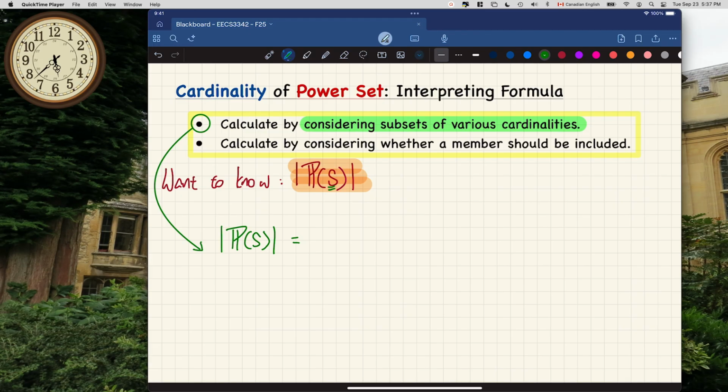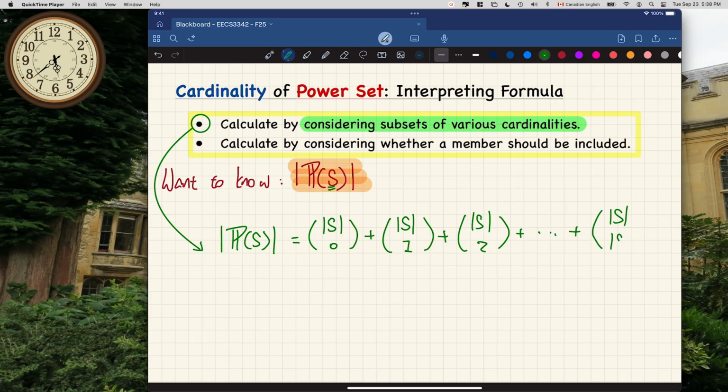The cardinality should go from 0 all the way to the set itself. So it's the cardinality of S choosing 0, which corresponds to the empty set, plus the cardinality of S choosing 1, plus the cardinality of S choosing 2, plus all the way to the final one, choosing the maximum subset, everything together.